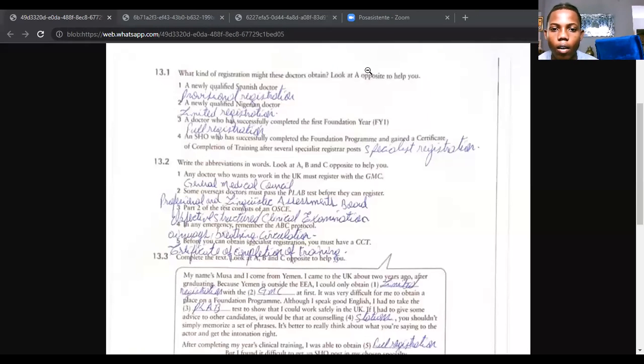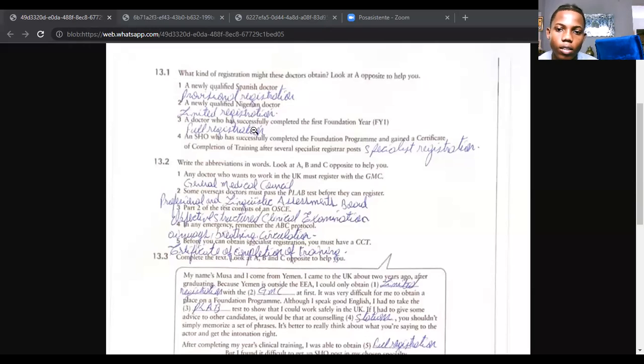What kind of registration might these doctors obtain? A newly qualified Spanish doctor, provisional registration. A newly qualified, sorry, qualified Nigerian doctor, limited registration.